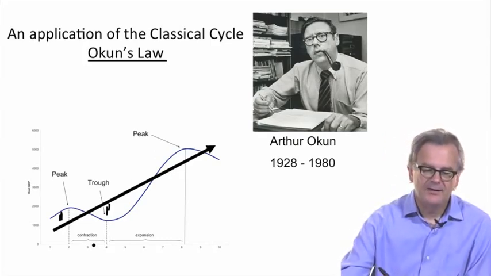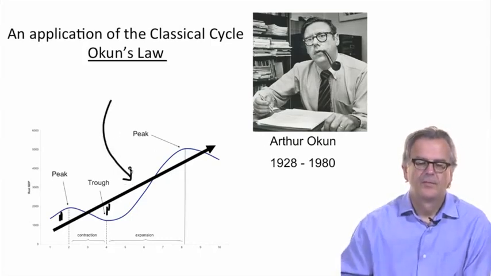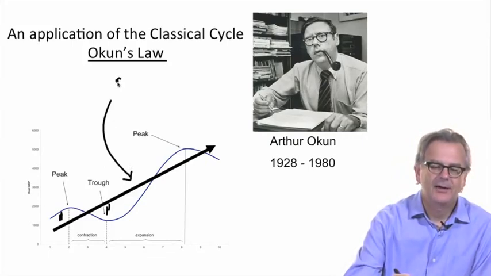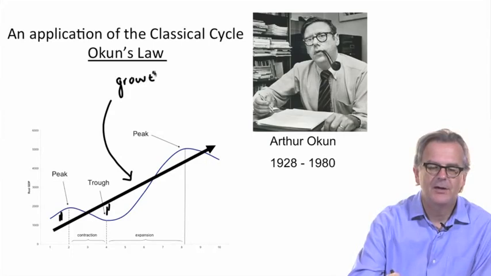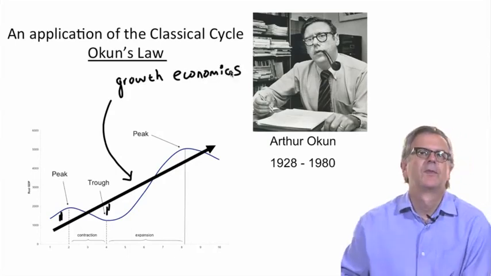Now, we've met this long-run trend before, because what the long-run trend is really talking about is the level of per capita GDP that comes out of our analysis of growth economics.